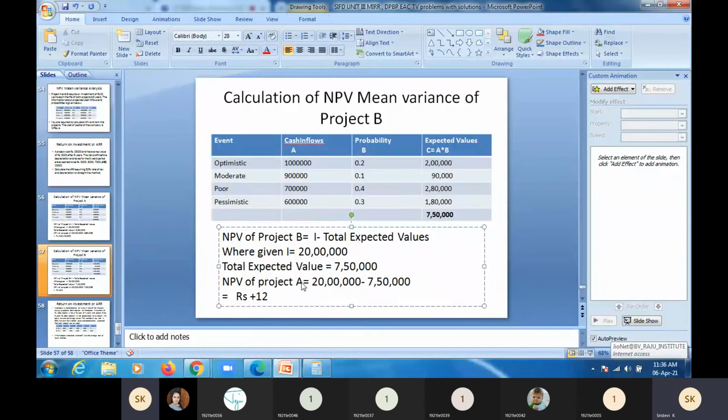It will be 12,50,000. This is also a positive value it is giving. But when you compare with project A, the NPV of project B is less than project A.